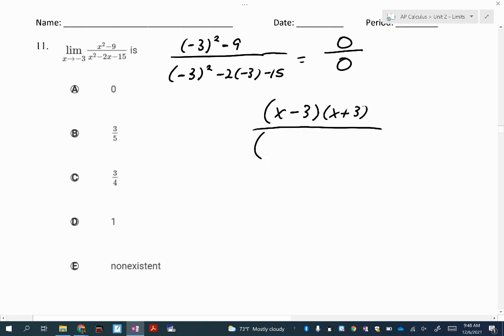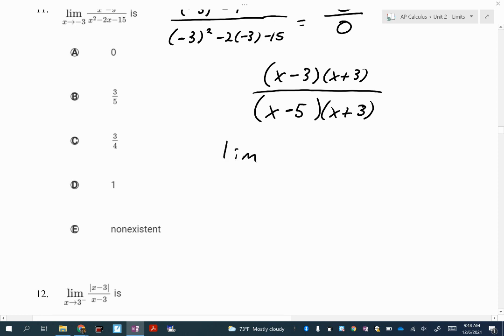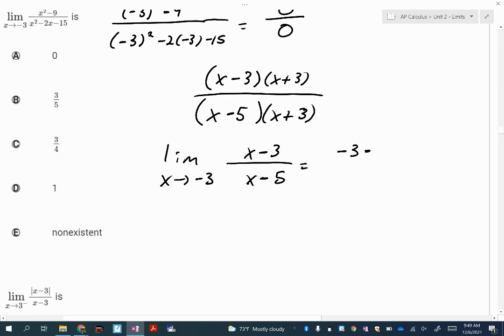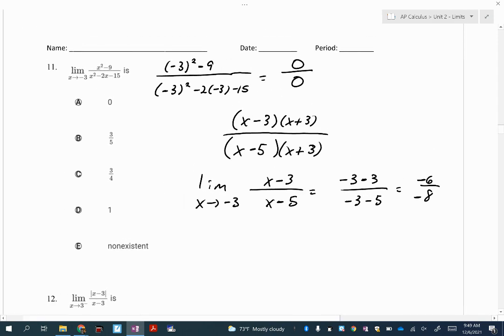And in the denominator, I have factors of -15 that add to -2, so that's going to be -5 plus 3, so you'll see my common factor. So the limit as x approaches -3 of x minus 3 over x minus 5. Now I'm going to plug in -3 after I've crossed out my common factor to get -6 over -8. So reduce, that's going to be positive 3/4.